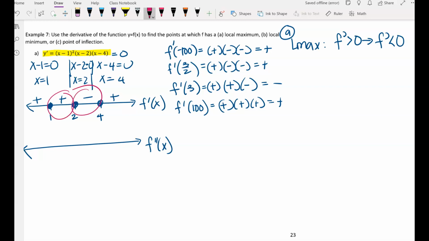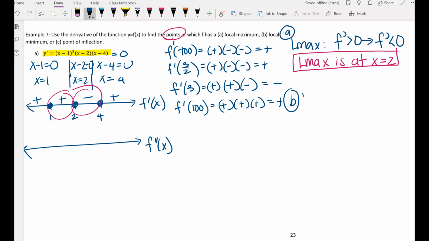We have one location, so L max is at x equals 2. We don't have the original function for us to plug it in, so we can only give the x location. Find the points, okay, which is just x right now since we don't know the actual f of x to plug in.